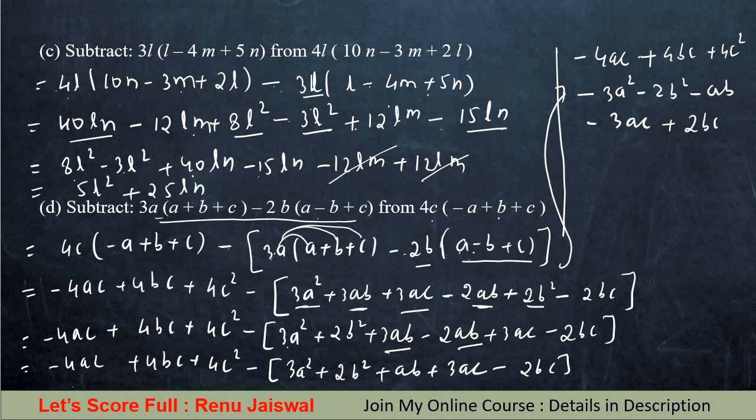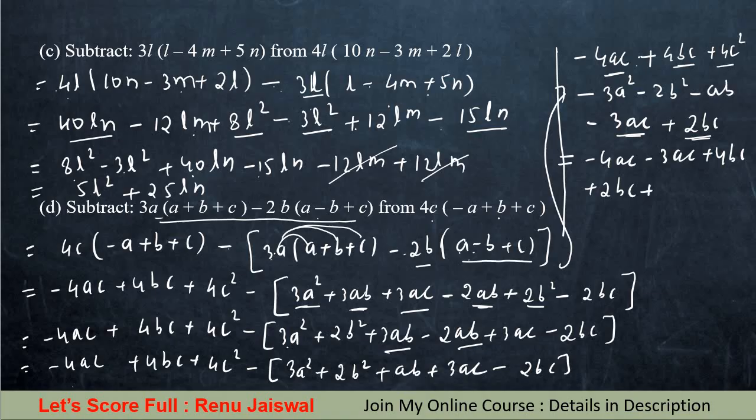Correct? Because it was minus. Now here can you see minus 4ac and minus 3ac. They are like terms. So minus 4ac minus 3ac. This and this is done. Now there is a 4bc and here also have 2bc plus. This and this is done.